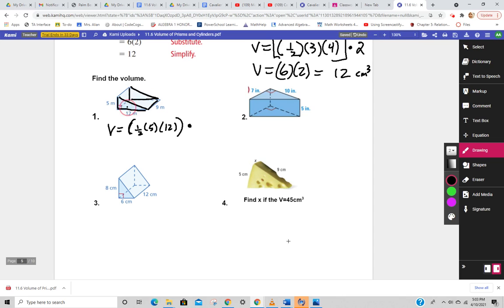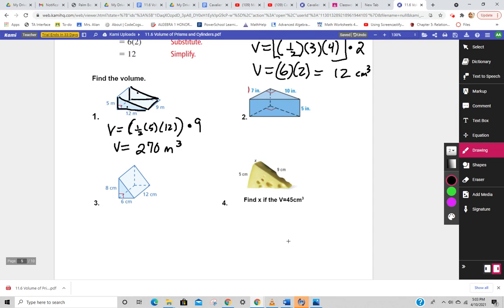You see we have the front base, back base, the distance between them is the height, so that's 9. And now we'll just multiply everything out. So half of 12 is 6 times 5, that's 30, times 9, that's 270 meters cubed.